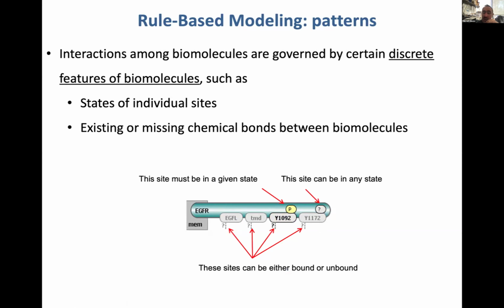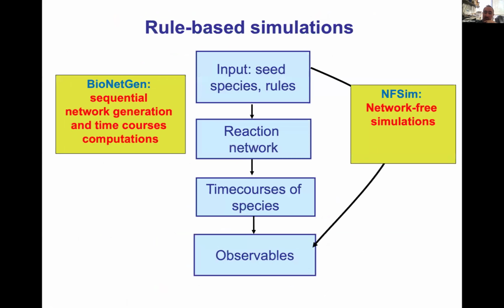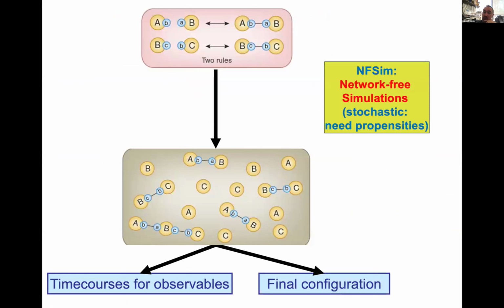It means that the observable described by this pattern counts all the different chemical species in a system that have a receptor phosphorylated on this site. Whatever all the different molecular combinations are, we are just interested in how many phosphorylated receptors are in these combinations. And the time courses of these observables are reported by NFsim, the network-free simulator.